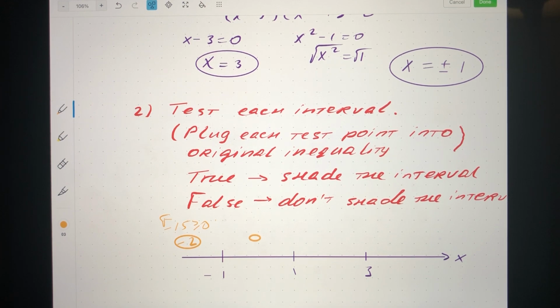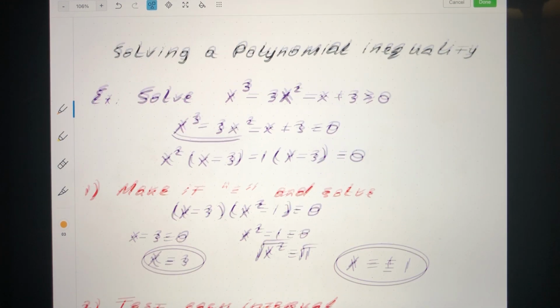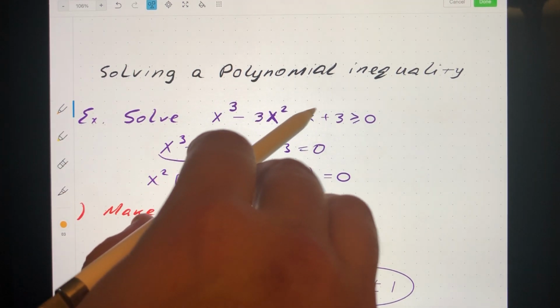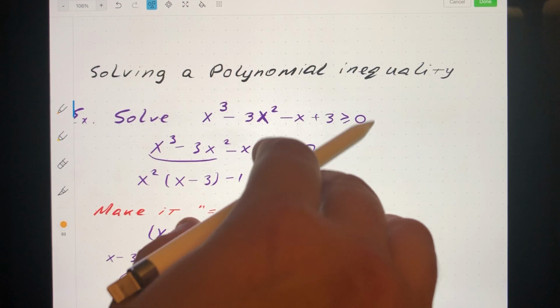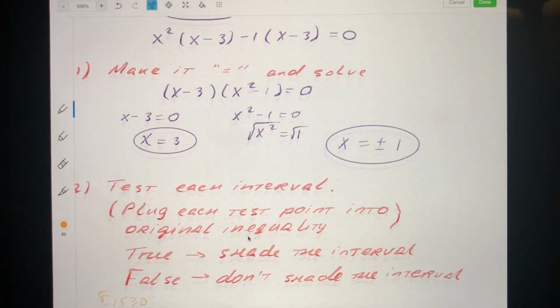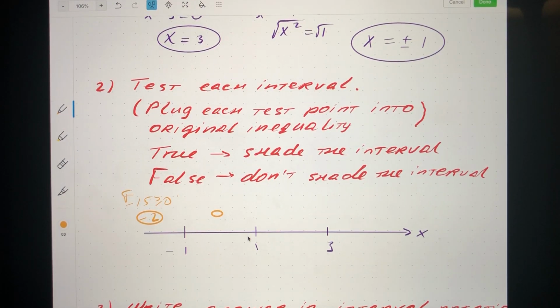If we plug in 0 into our original inequality, that becomes 0, minus 0, 0, and we're left with 3 greater or equal to 0. Well, 3 really is greater or equal to 0, so that is true. So we tried 0, and we have true, which means this interval is going to be part of our answer.